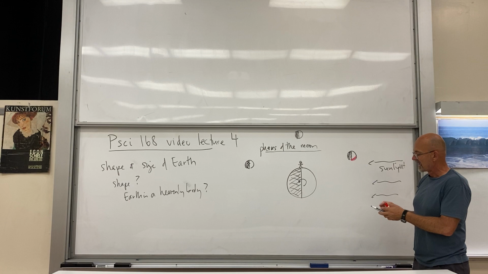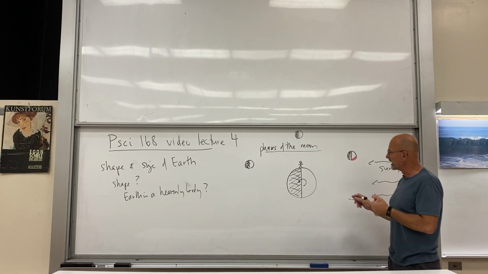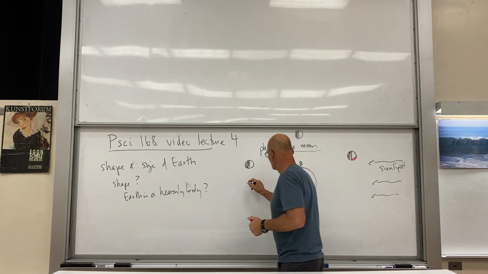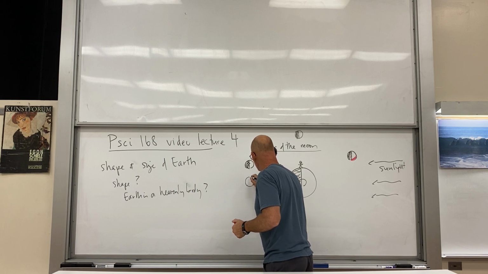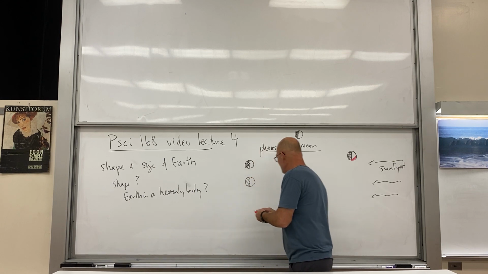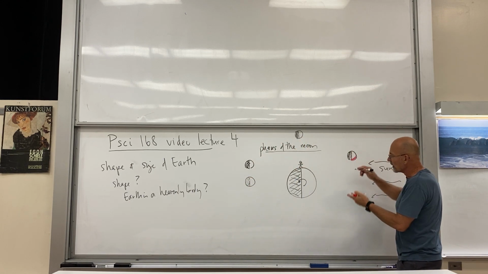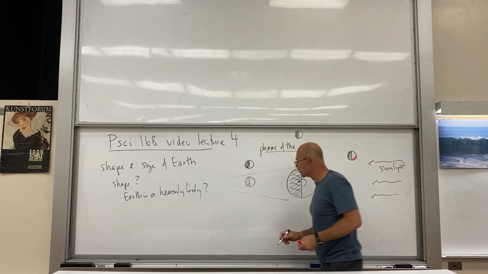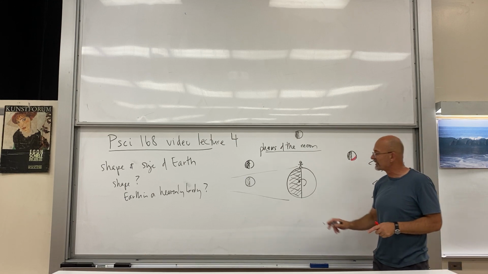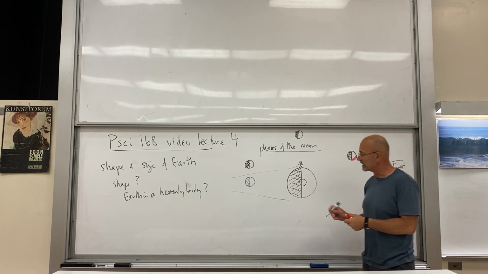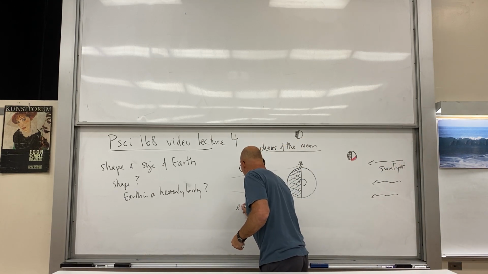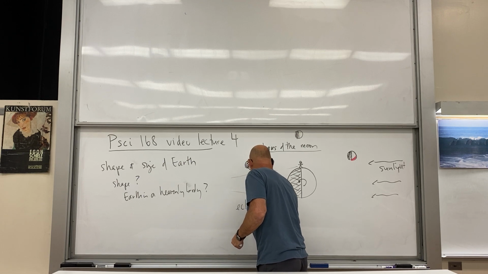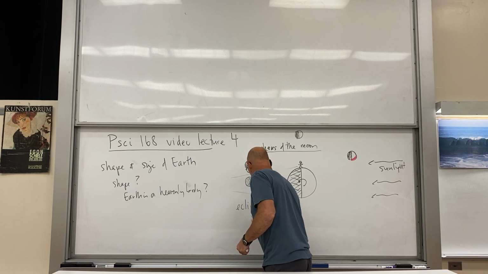Now, how about when the moon is right here, then the moon is actually in the Earth's shadow, and we see the Earth casts a shadow on the moon. That's called an eclipse of the moon.